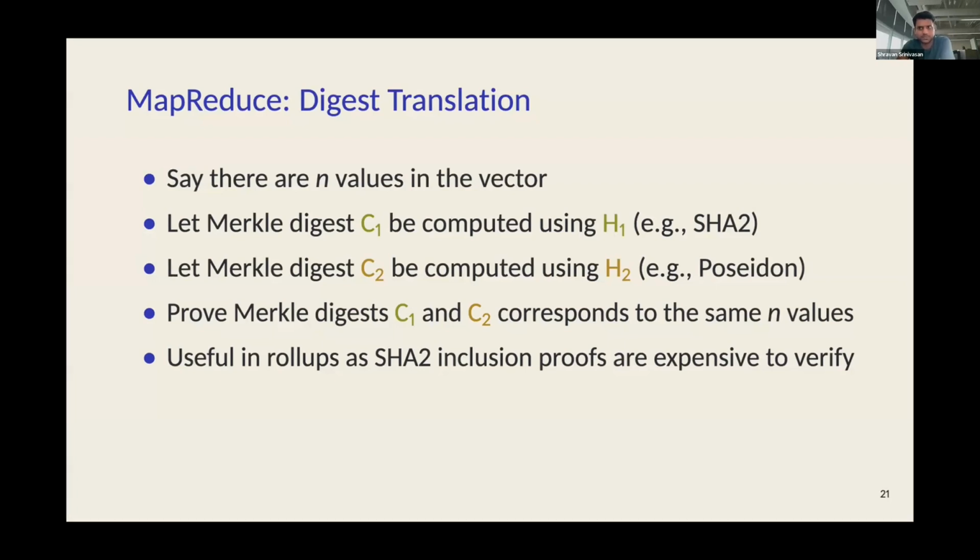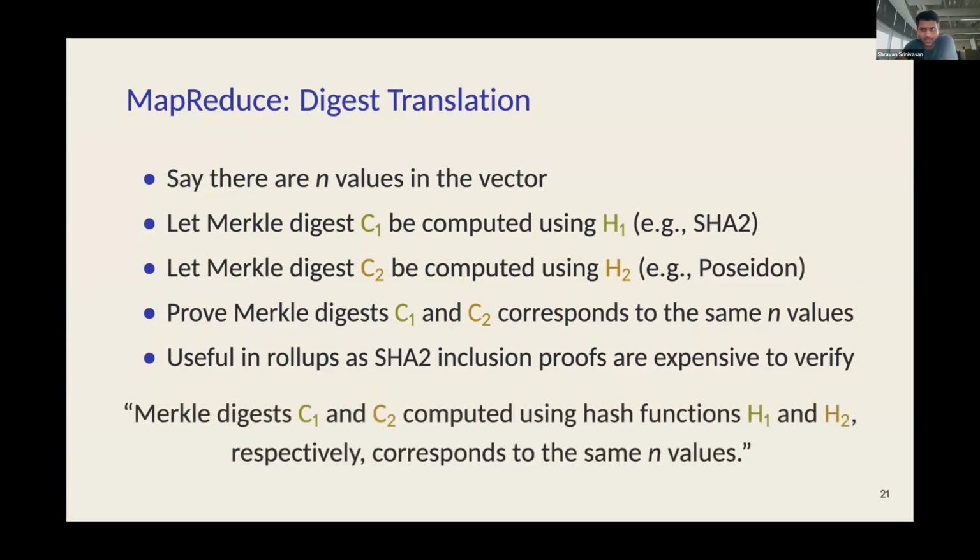Such proofs are useful in rollups where it's difficult to prove membership over an expensive hash function like SHA. However, you can simply attach a SNARK proof which essentially says that these values correspond to the same set of n values that were committed in the vector.